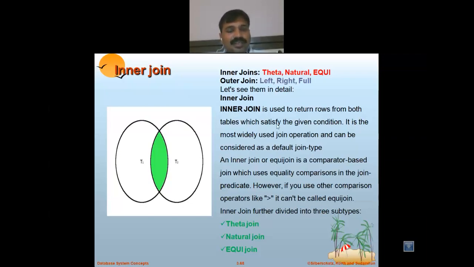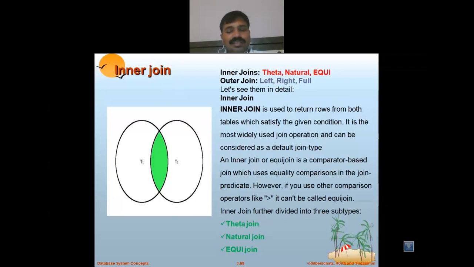The inner join is used to return rows from both tables which satisfy the condition. It is the most widely used join operation and can be considered the default join type. One field should be common between the two tables. On the basis of which records match, we use an equal symbol.